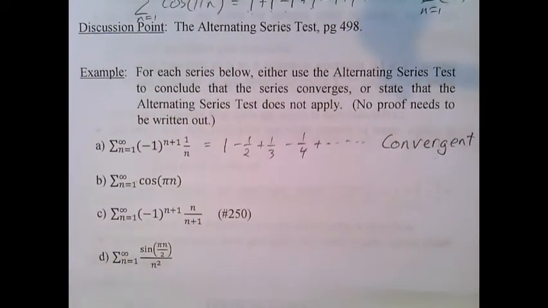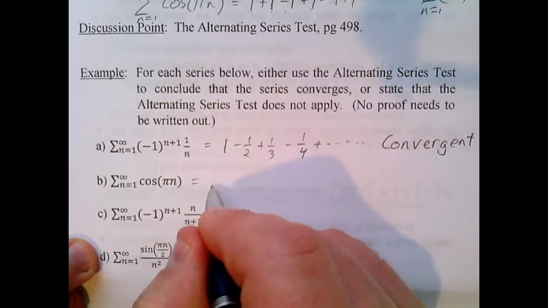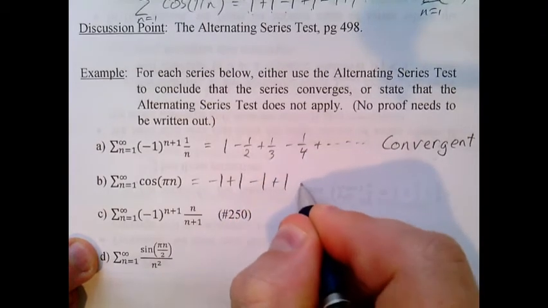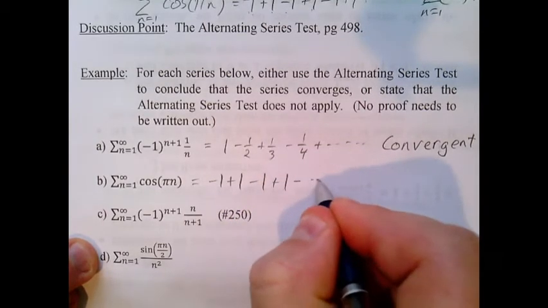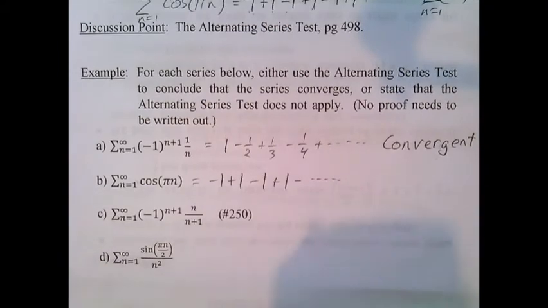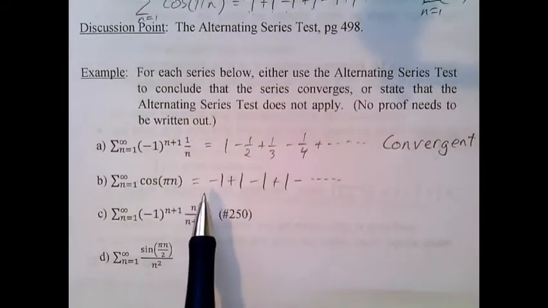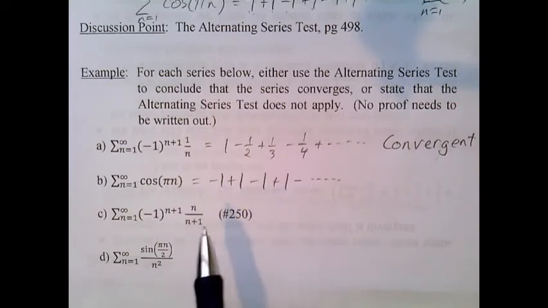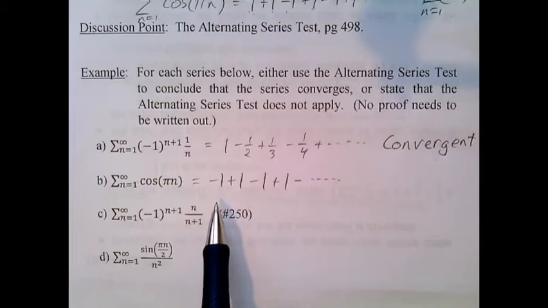Now let's look at this next series. We've already seen that it would look like negative 1 plus 1 minus 1 plus 1 minus, and it keeps going. Here's the deal. It's alternating, but my terms are not going to 0. I could technically say that they meet the first condition because it was decreasing, but not strictly decreasing.